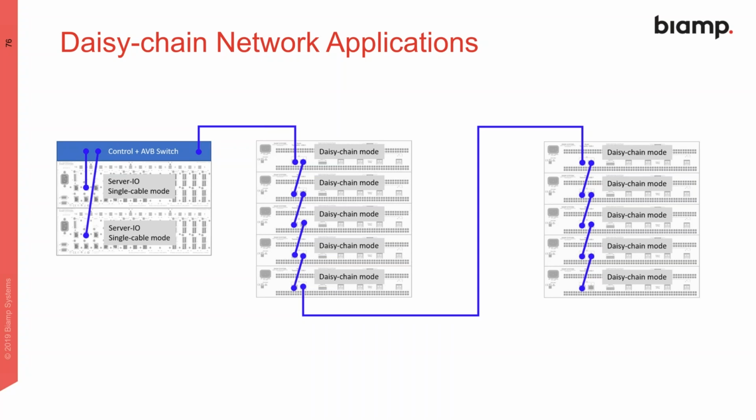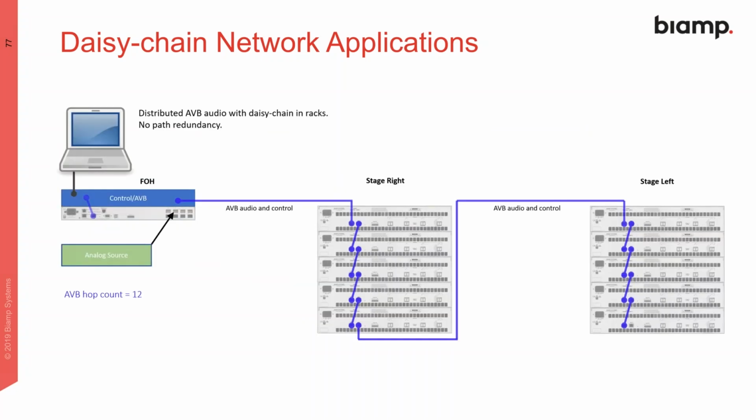So if we have a jack that goes bad, or somebody severs a cable, we lose everything downstream of that. So in a perfect world, we've got some redundancy. We'll take a look in just a second at how we get it. This is just showing the AVB hop count as 12 in this layout.